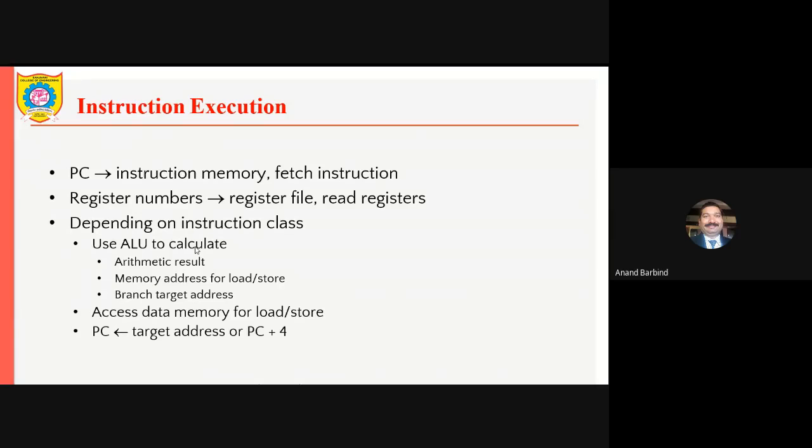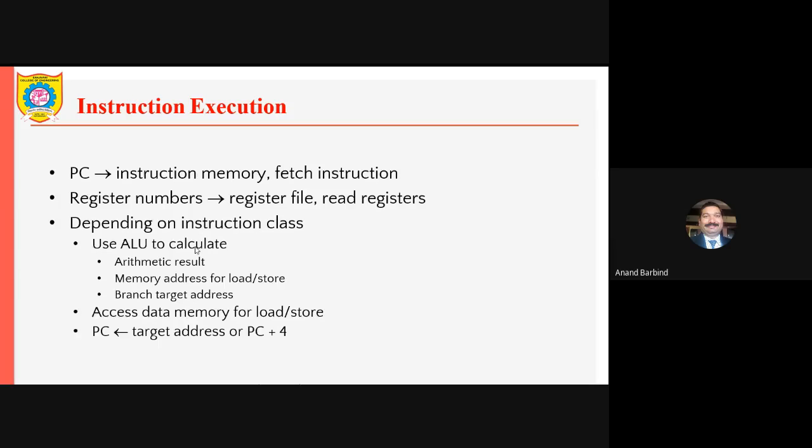That is, in case of a branch instruction, the address of the next instruction to be fetched is not in the next memory location. It is somewhere else. You need to skip a certain number of instructions, that is called a forward jump, or you go back many instructions, and that is called a backward jump.